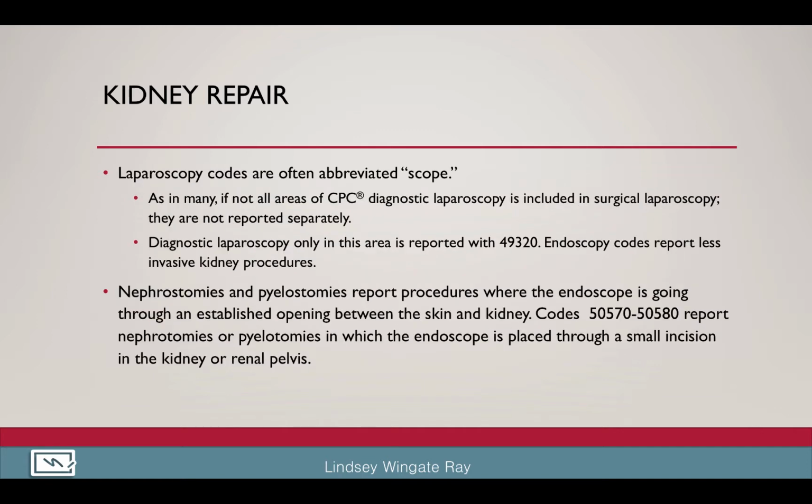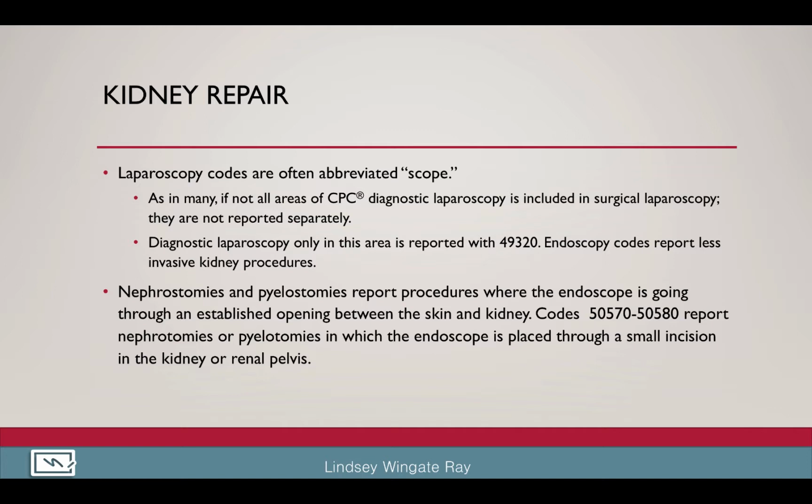Also in the kidney repair section are laparoscopy codes, and they are often abbreviated with the word scope. As in many, if not all areas of the CPT, diagnostic laparoscopy is included in the surgical laparoscopy. They are not reported separately. Diagnostic laparoscopy only in this area is reported with 49320. Endoscopy codes report less invasive kidney procedures.